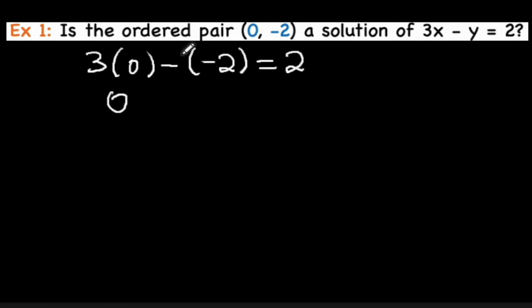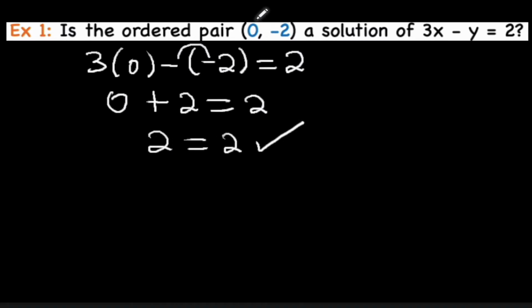A negative of a negative is a positive. Positive 2 equals 2. 2 equals 2. That means that the ordered pair 0, negative 2 is a solution to the line 3x minus y equals 2. Let's go over example number 2.